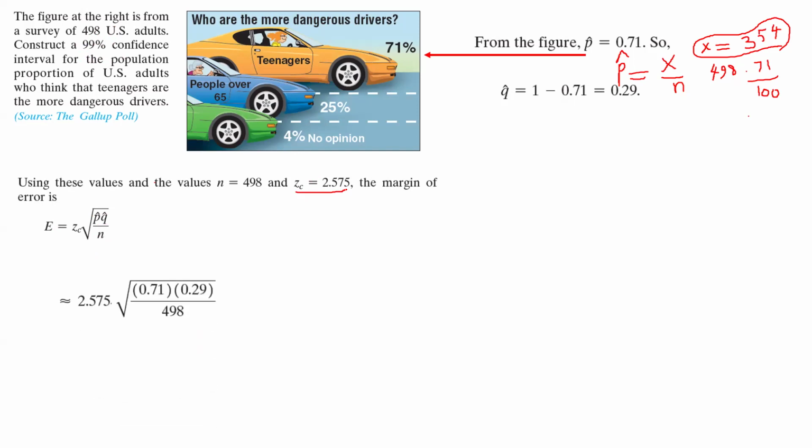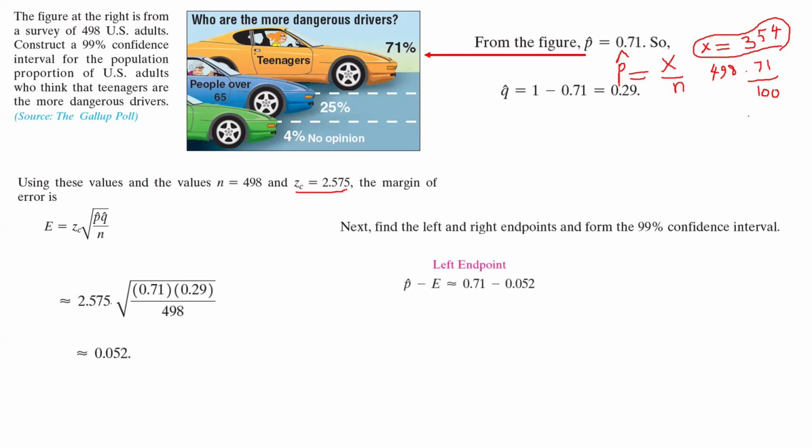So if you do the multiplication, it is 2.575 times the square root of p hat q hat divided by 498, which is about 5%. Okay, let's find the left endpoint, which is 71% minus 5%, and the right endpoint, which is 71% plus 5%.